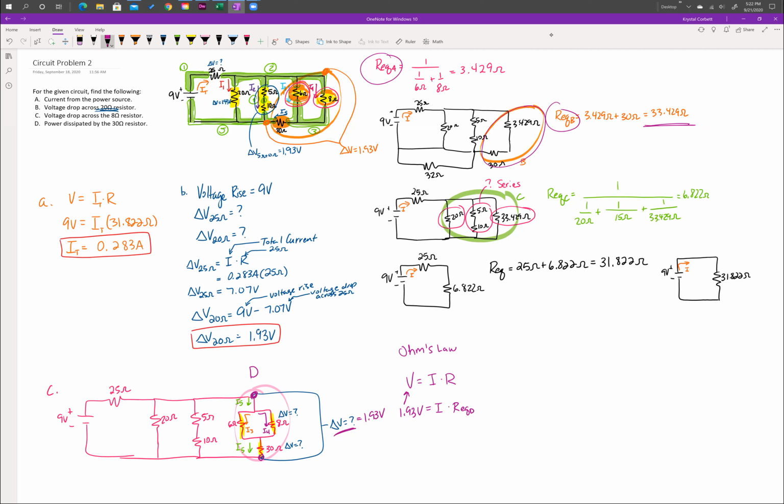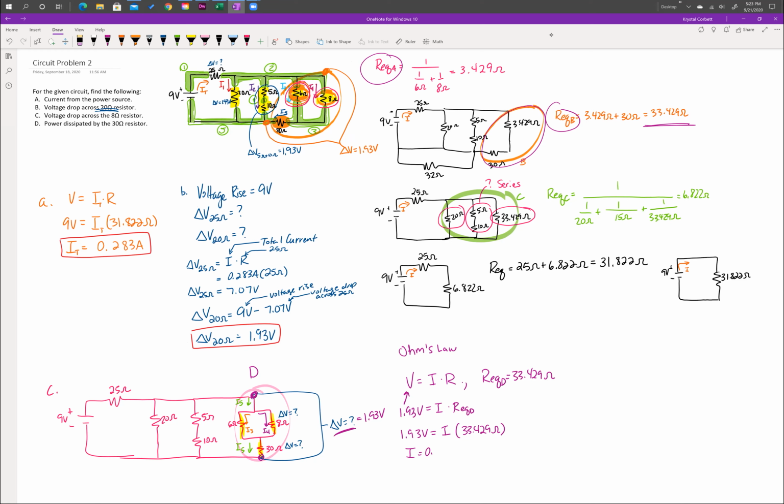So I know that my equivalent resistance of segment D is 33.429 ohms. So I can find the current through that whole segment, segment D, by using Ohm's law with the voltage drop across that entire segment and the equivalent resistance.